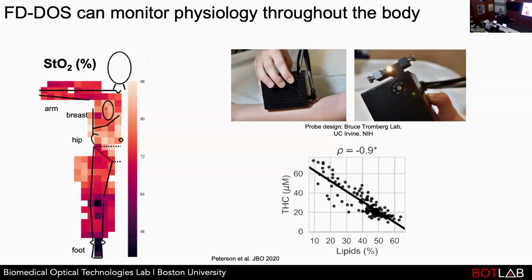In your belly, you're up at maybe above 80% oxygen saturation. As you get down to your foot, you're verging on 50%. And this is in a healthy person. It's really quite dramatic. This plot shows how total hemoglobin and lipids are correlated with each other, just an example of the types of things you can measure.